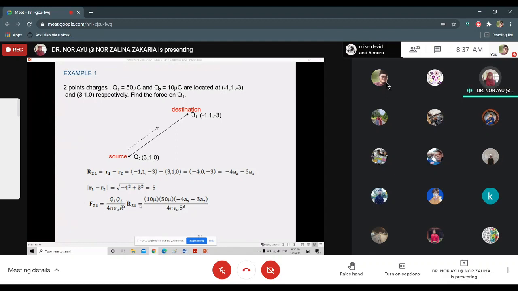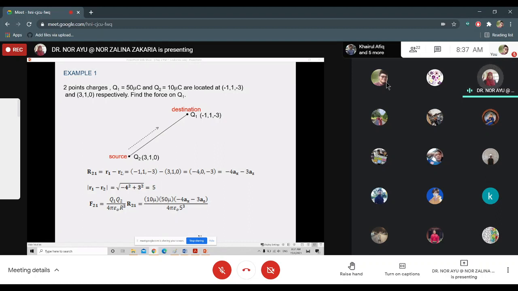For this equation, the first thing you need to know is the value of each parameter. First, the distance vector R21: because it is R21, you take the one that you want to find. Let's say you want to find the force at Q1, meaning the position at 1 minus the position at 2.